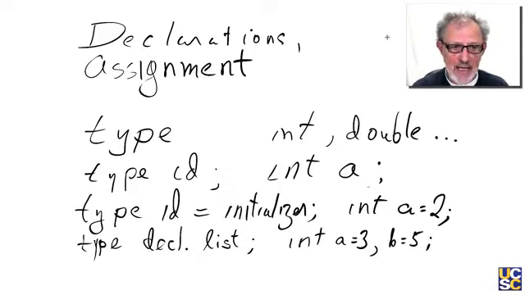Now, a simple declaration is going to look like a type followed by an identifier with a semicolon. So here we see a simple example on this side.